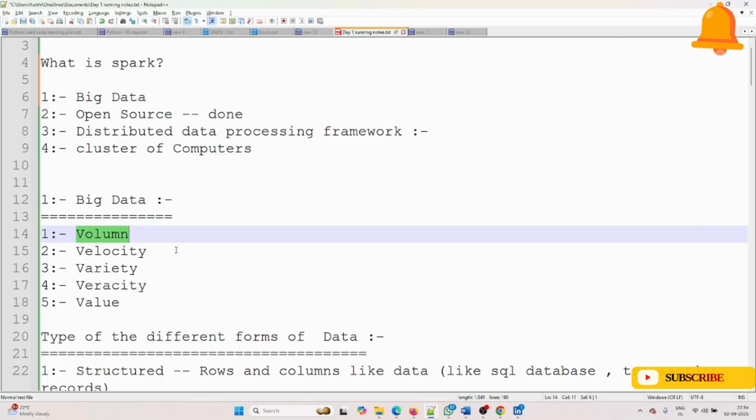Suppose a fraud transaction happens with you. Will you wait 2 or 3 days? No, you will immediately check with your bank.